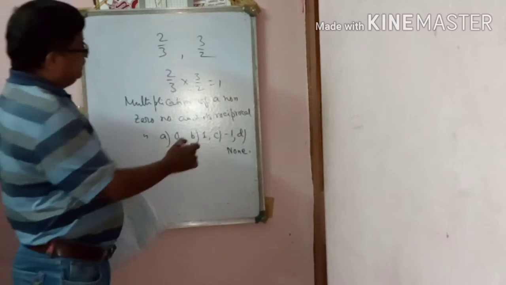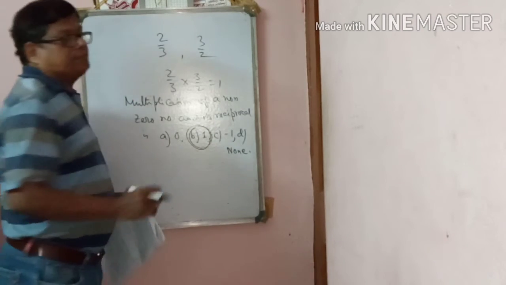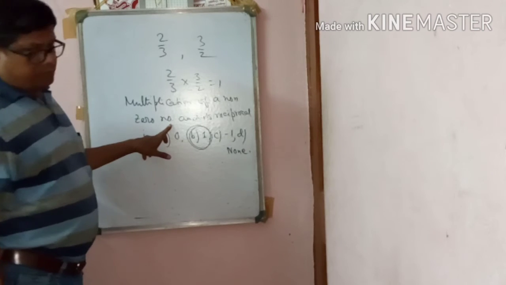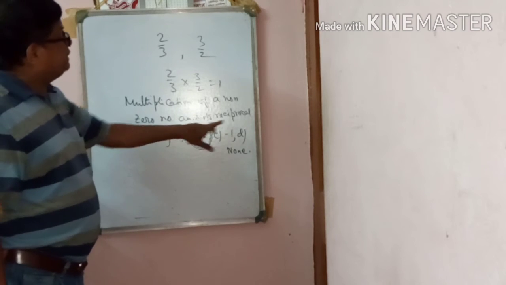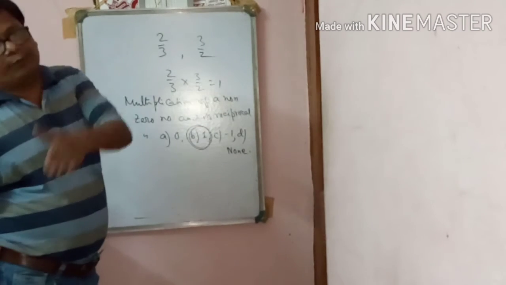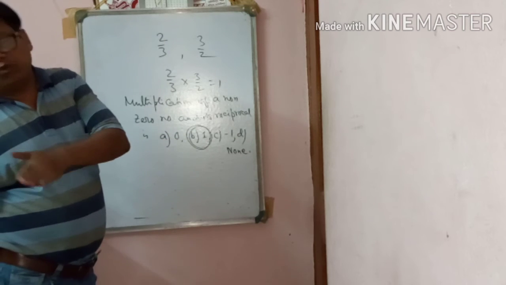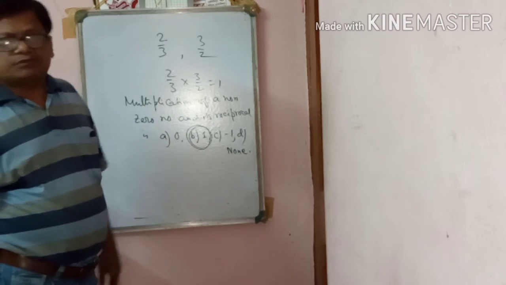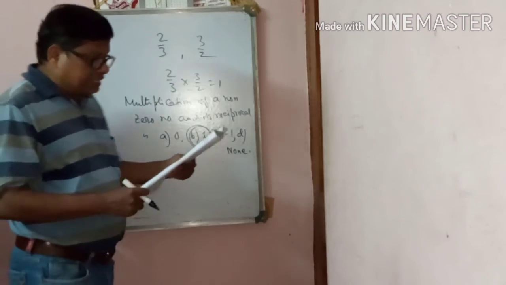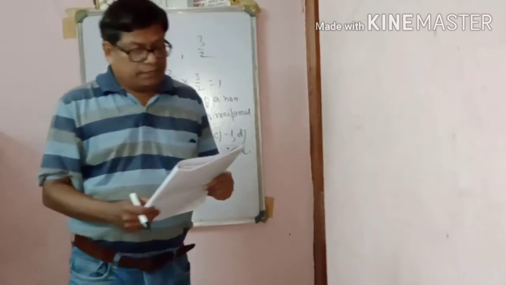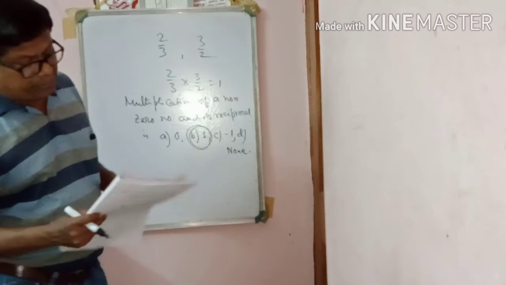So the answer is 1. Option B is correct. The multiplication of a non-zero number and its reciprocal, like 2 and 1 by 2, 3 and 1 by 3, 4 and 1 by 4, multiplied is always 1. Understood? This type of question is an MCQ, keep in mind.